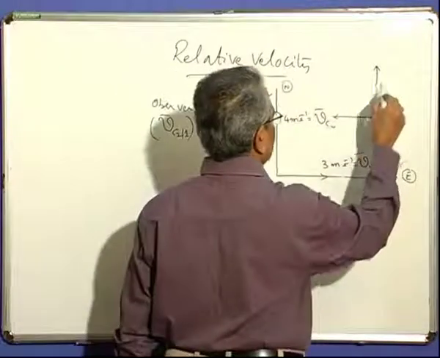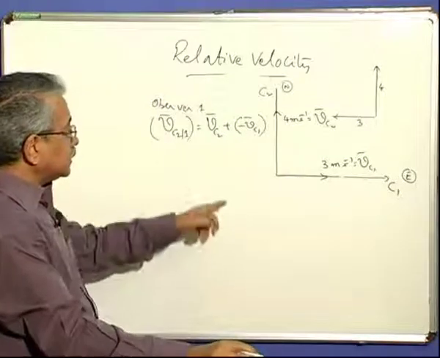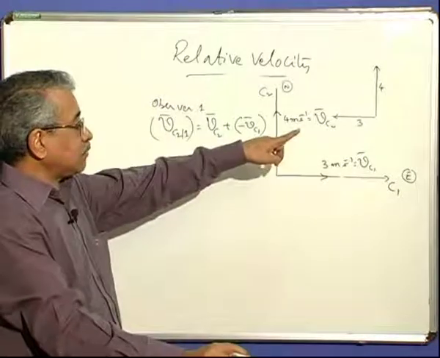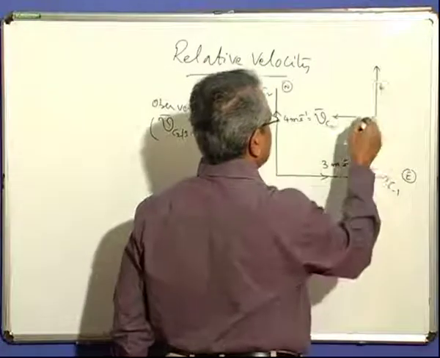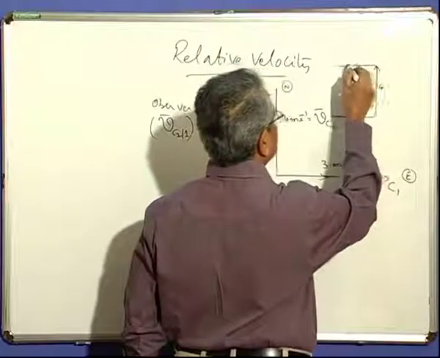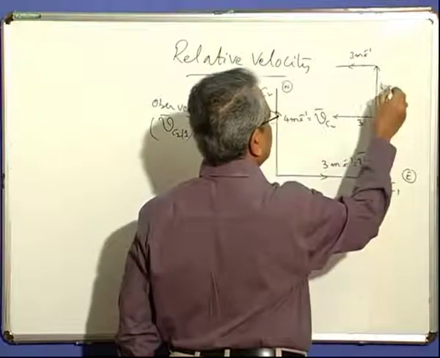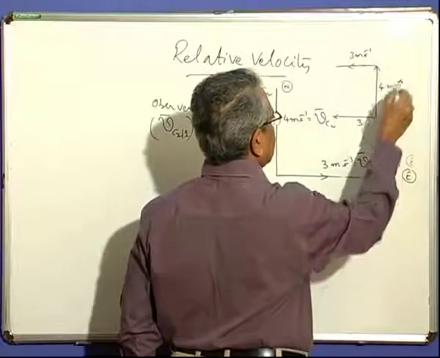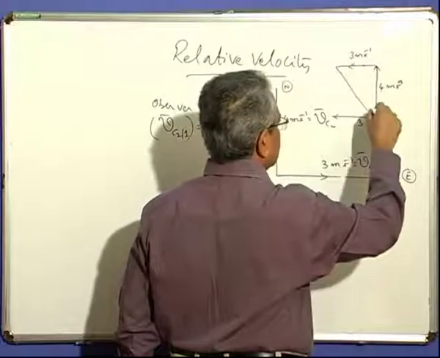This is 4, this is 3. We have to find the sum of these two things vectorially. To get the triangle, you must show this parallel on this side here. Instead of showing here, we have to show that there, because you have to account for the triangle law in order. So this plus that gives you this vector.